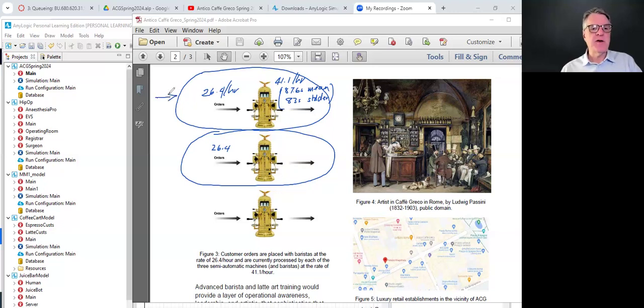Now, these parameters, the 26.4 and the 41.1, are identical across all three. So all we're going to have to do is just simulate one of these. And this is actually an M/G/1 queue. So we can use the queuing model to estimate it, or as an alternative, we could use simulation. Because it's a very simple system, I would in practice never use the simulation tool, because queuing is a lot faster for this very simple setting.